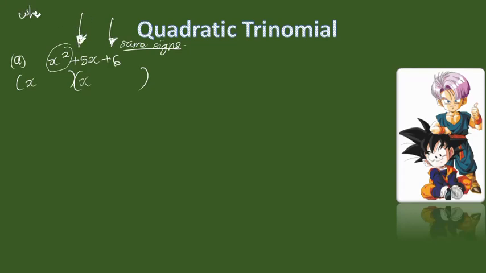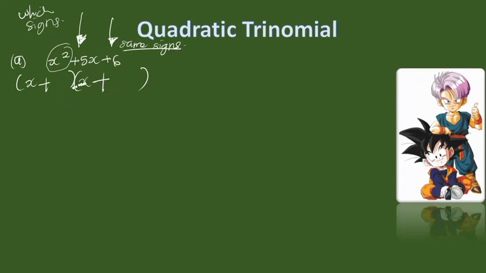So this tells you which signs. If it's positive, it tells you that you will have the same signs. And what will those signs be? If this is positive, then you'll have a positive and a positive. And if this last term is negative, that will mean different signs.